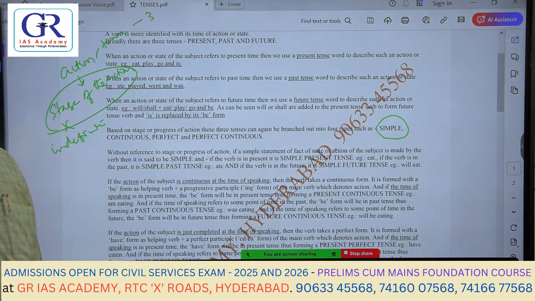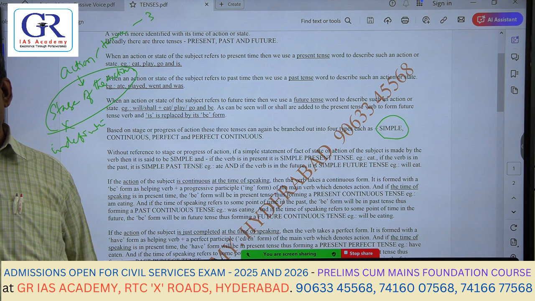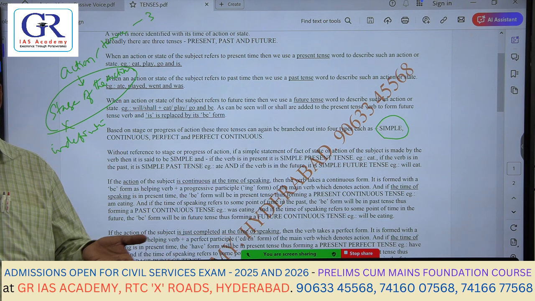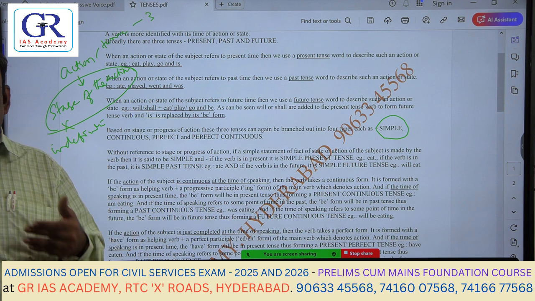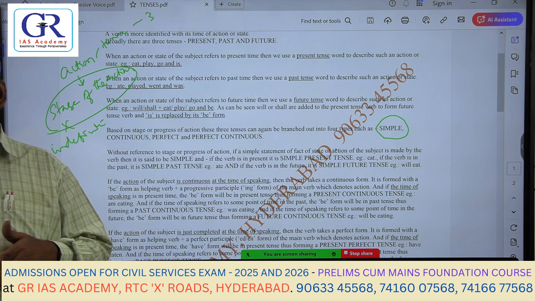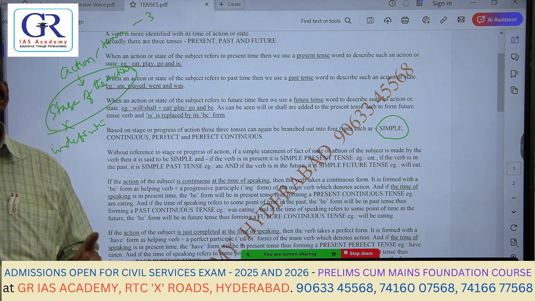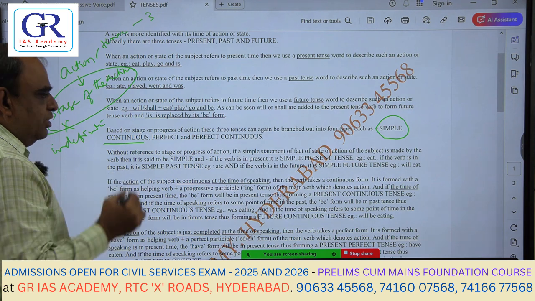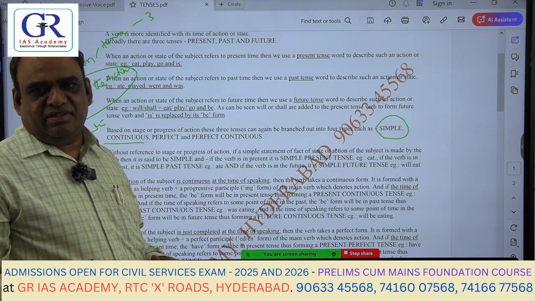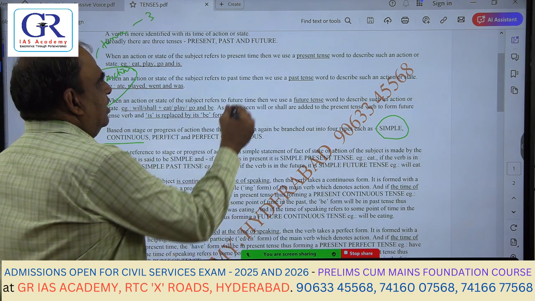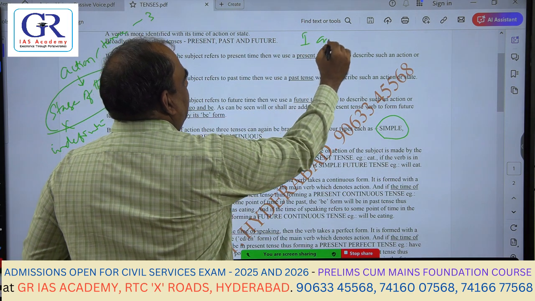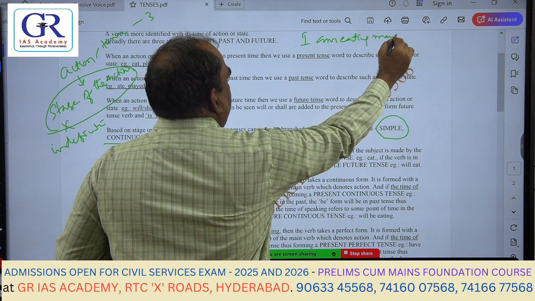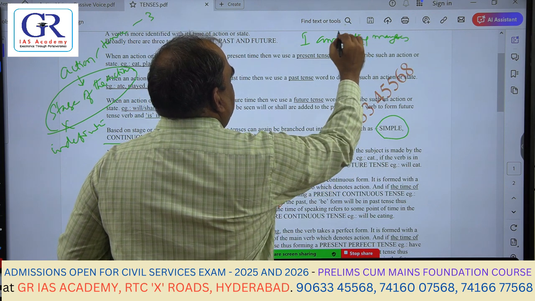For example, I am a boy, I eat mangoes. I am not saying any stage. It does not say whether the action process has started, completed or is ongoing. Then we call it simple. Suppose it is continuing: I am eating mangoes. So here the action is continuous.